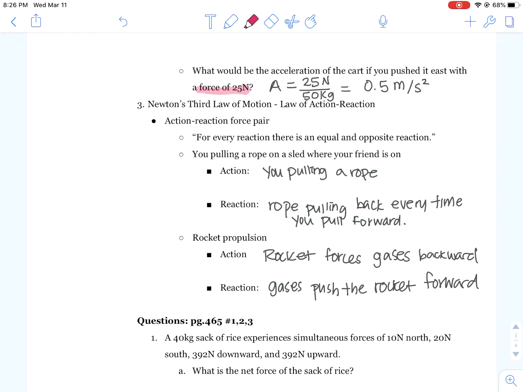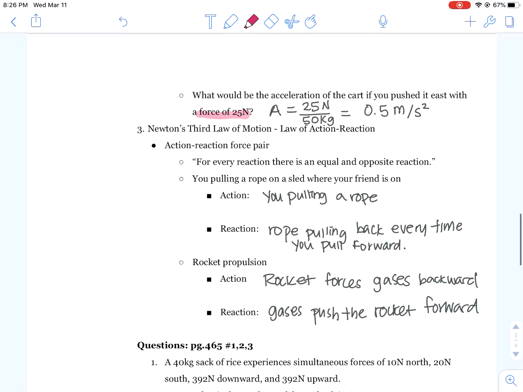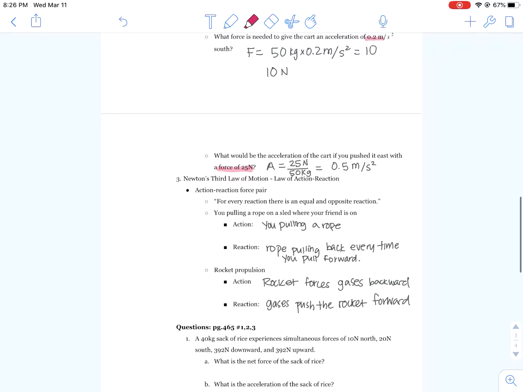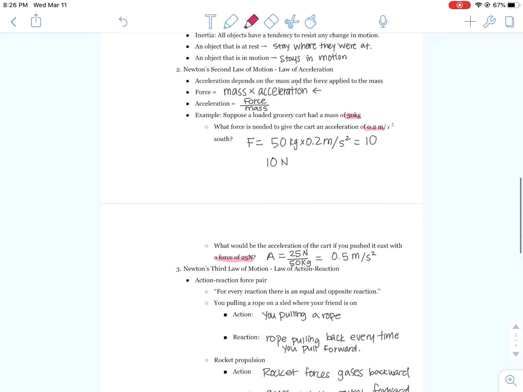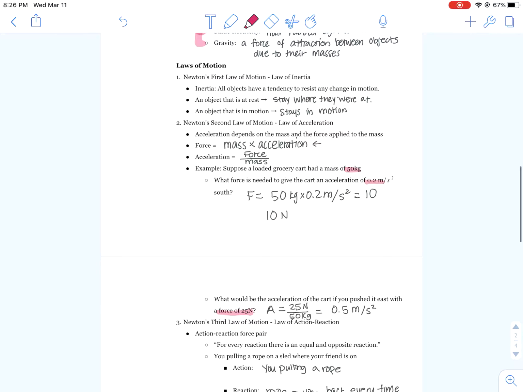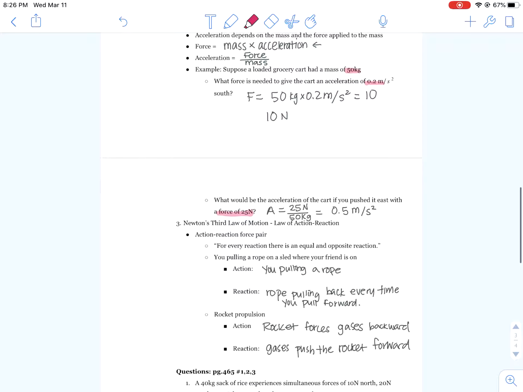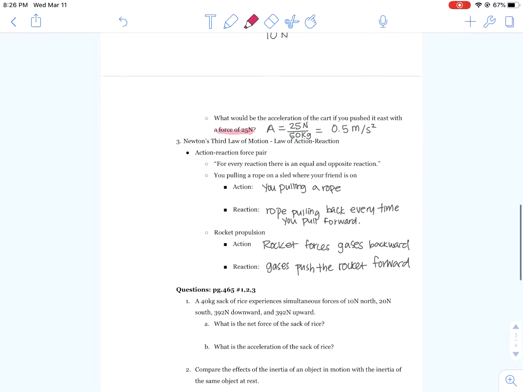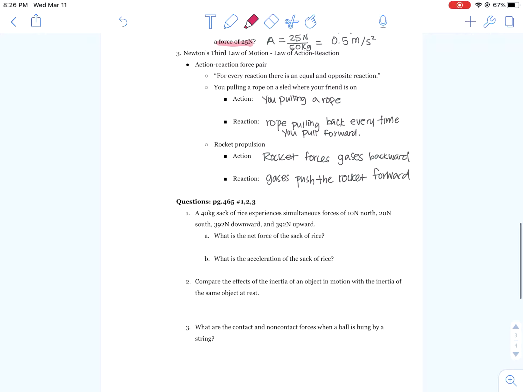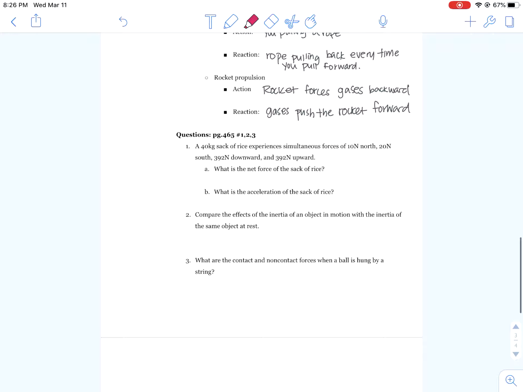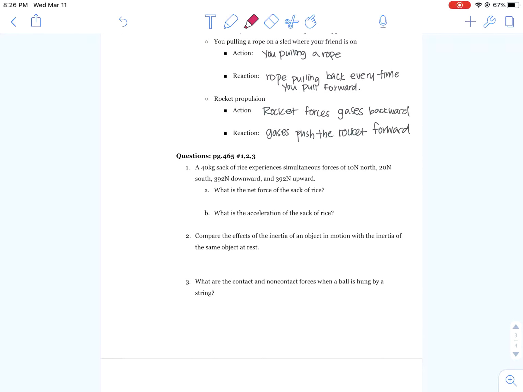So we covered the three laws of motion, again, action, reaction. We talked about acceleration and inertia. So these are different types of forces that are going to be affecting objects and how they move. You'll have a chance to work on these questions in class, and hopefully you'll be able to finish it.